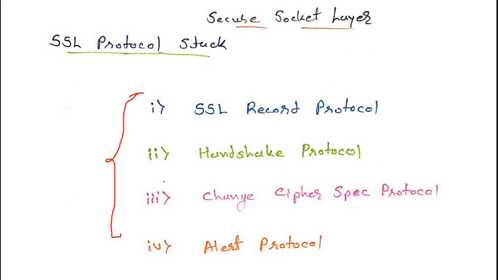In computer networks, we discussed the OSI model and the TCP/IP model. These are layered approaches, so all work in sequence on their separate tasks. The same thing is here in Secure Socket Layer. These are the protocol stack of Secure Socket Layer, and all these four protocols work in sequence, one by one.